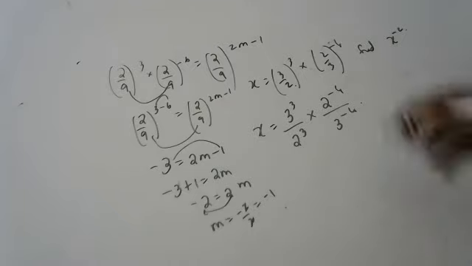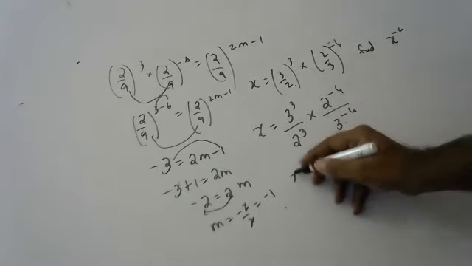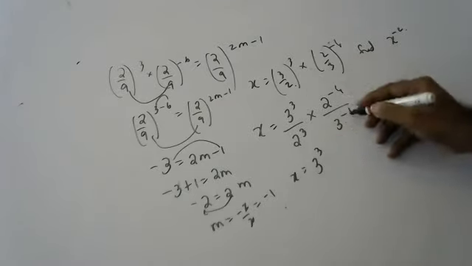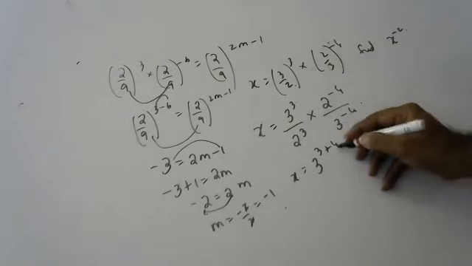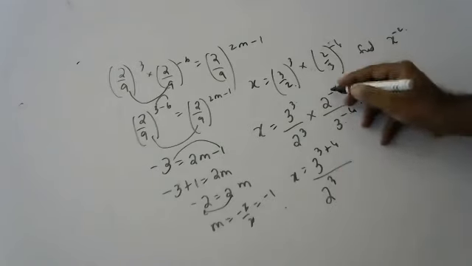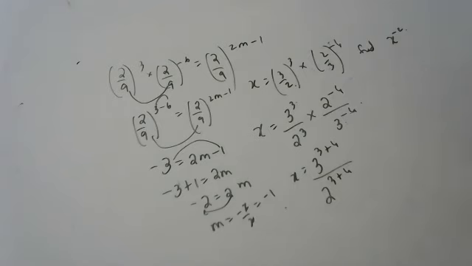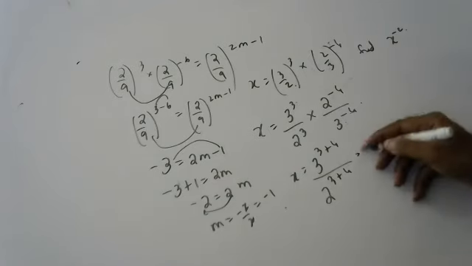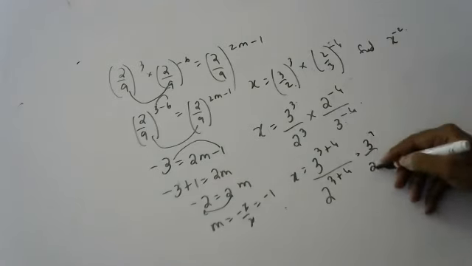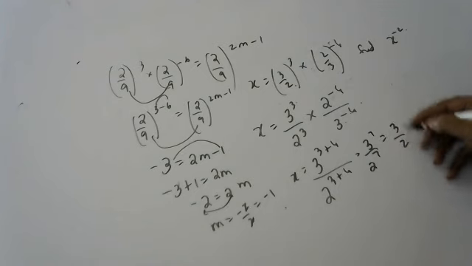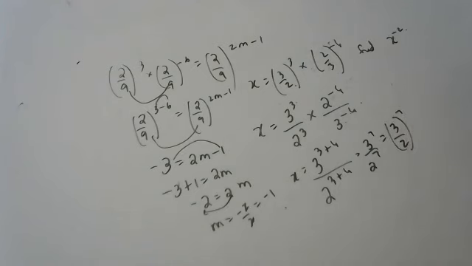This you take up, this you bring down. x is equal to 3 to the power of minus 4 if it goes up becomes plus 4. Minus 4 if it comes down becomes plus 4. How much is that? 3 to the 7 by 2 to the 7. That is 3 by 2 whole to the power of 7.